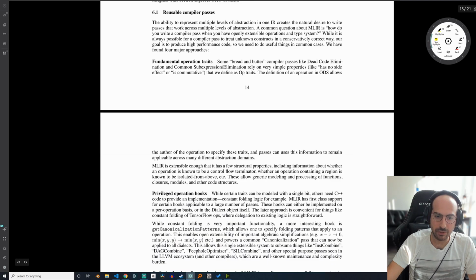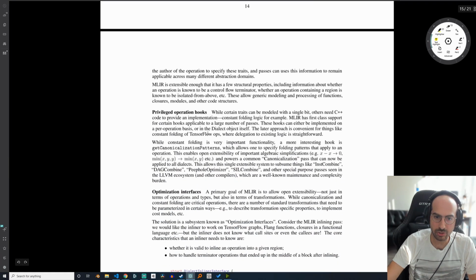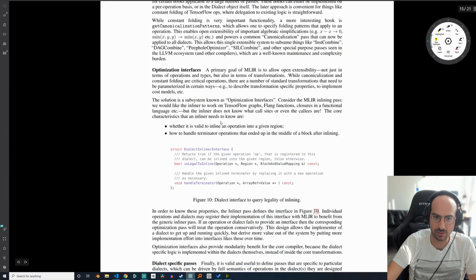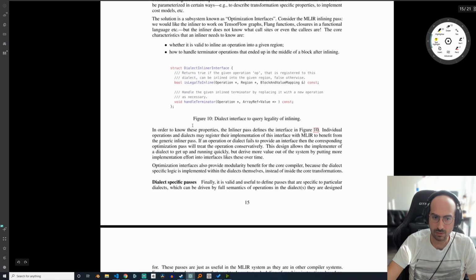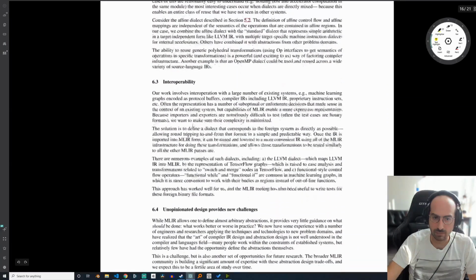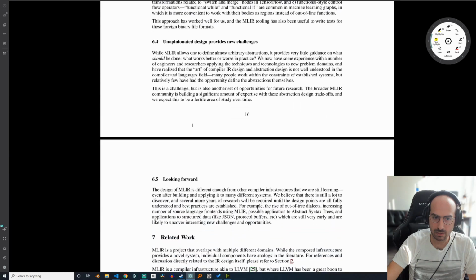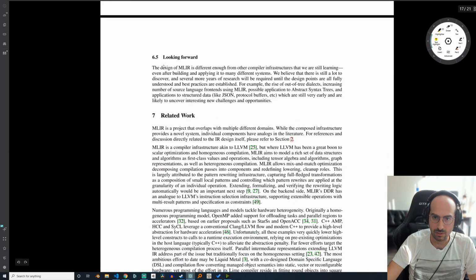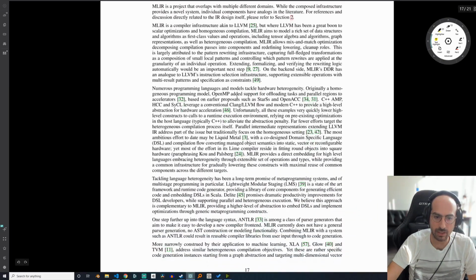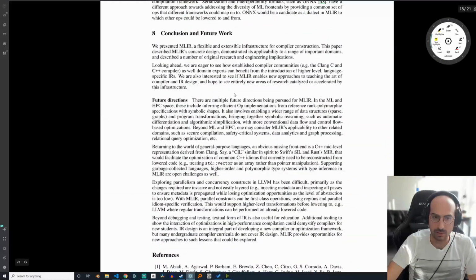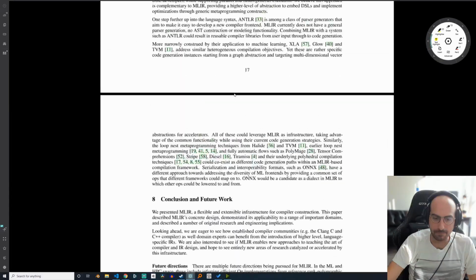Okay, so they're saying we have reusable compiler, privileged operation hooks, optimization interfaces. Interoperability. Okay, and they're saying we want this to work with more languages and more dialects.